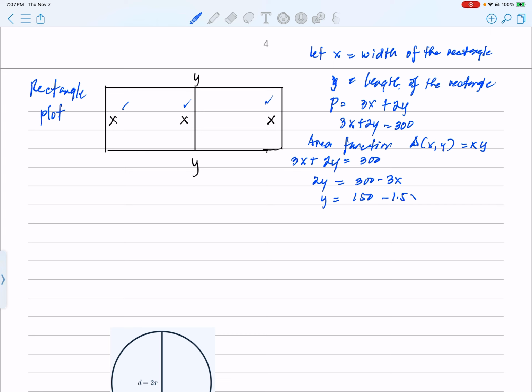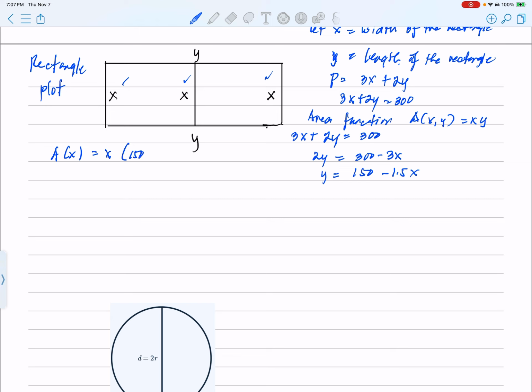Okay, so we substitute 150 minus 1.5x in the formula for the area. So the area for x would be x times 150 minus 1.5x. So this will be 150x minus 1.5x squared.